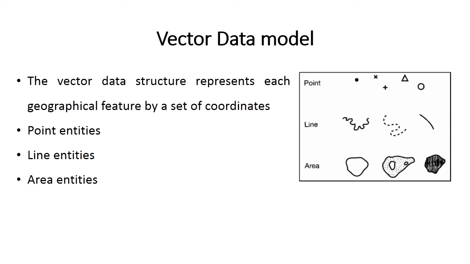Then area entities. There are several vector structures possible for structuring polygons. The simplest way to represent a polygon is the spaghetti representation, which is nothing but an extension of the simple chain, that is to represent each polygon as a set of xy coordinates on the boundary.